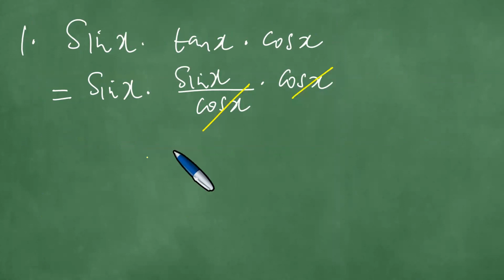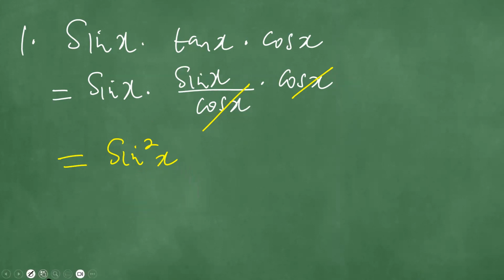So this one cancels. And then we have sine times sine, which becomes sine squared of x. So this is the answer, and there's no further simplification possible. So we leave it at this point. Just something to note.